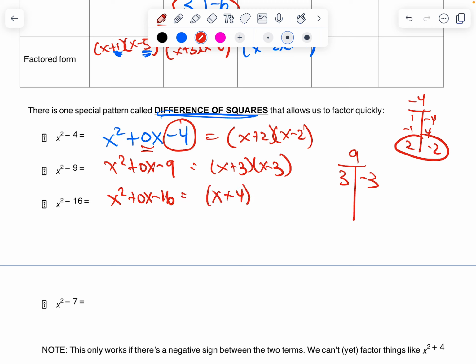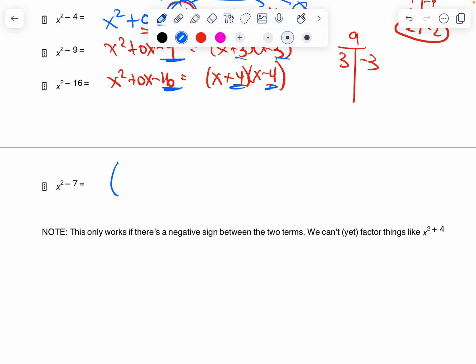Two numbers that multiply to be negative 16 that add to be 0 are 4 and negative 4. And what's going on is we're taking the square root. The square root of 4 is 2. The square root of 9 is 3. The square root of 16 is 4. So applying that same pattern, the square root of 7 is, well, it's not going to be a really nice number. We're just going to leave it as the square root of 7.